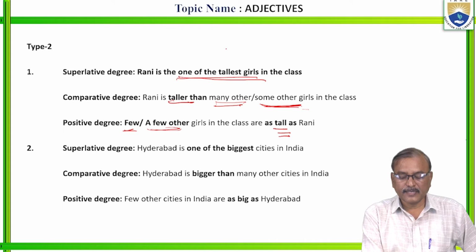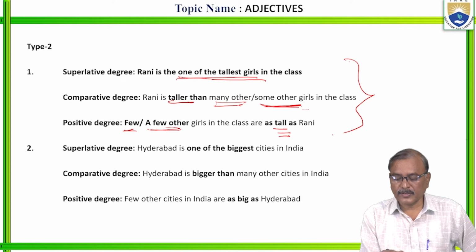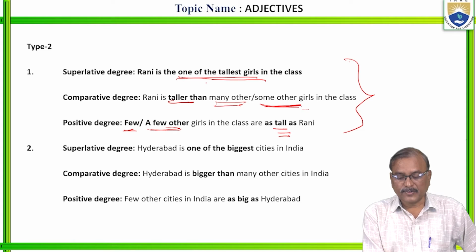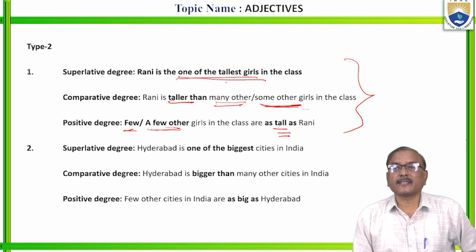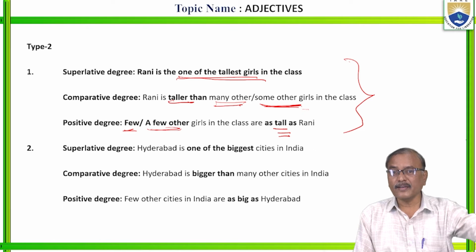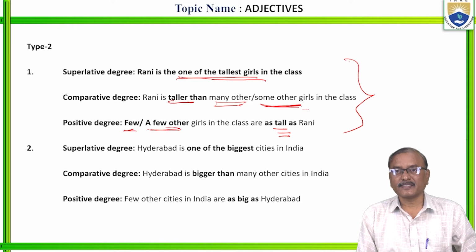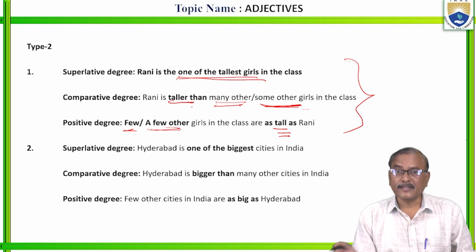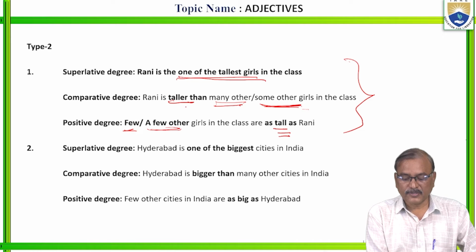Okay? Again, check this one, whether you have followed it or not. Rani is one of the tallest girls in the class. One of the tallest girls means, is she the tallest of all? No. Right? Is she taller than any other? No. Is she taller than all other? No. Okay. Now you have to think of this comparative: taller.